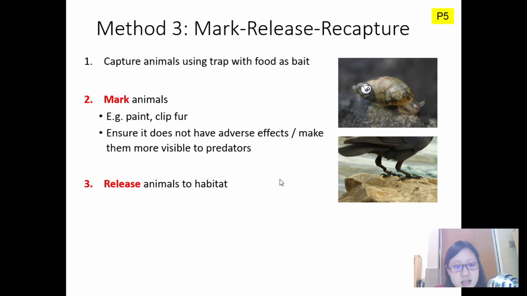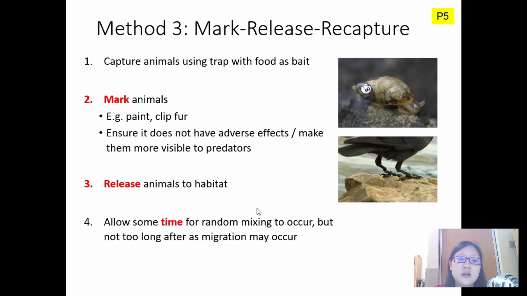So then you release those animals that you have just marked into the habitat, and you allow some time. You want the animals to mix with the population, but not so long until they move out of the area. So maybe a few days, not too long, right? And then you recapture the animals a second time, not the same marked ones, just a random bunch of whatever you can capture.